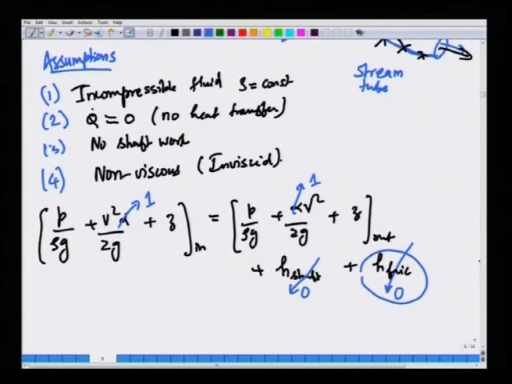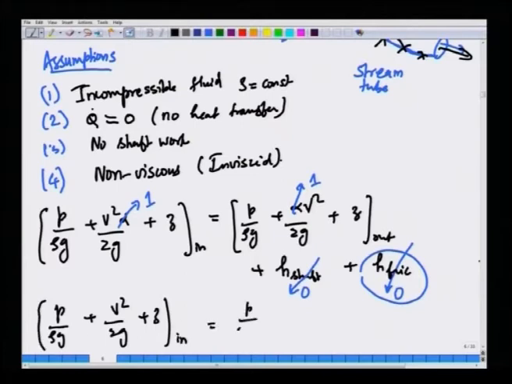If you do all this, you will get a simple equation: P by rho g plus V squared by 2g plus Z at inlet is P by rho g plus V squared by 2g plus Z at outlet.